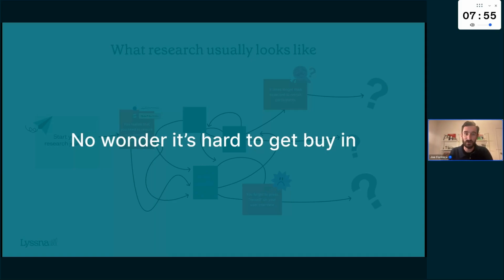At the time, it's frustrating, right? But when you zoom out a little bit and look at it from this perspective of a long, time-consuming, costly, kind of vague, winding road that doesn't necessarily end in an actionable, impactful answer, you can maybe see a little bit more why it's hard to get buy-in.